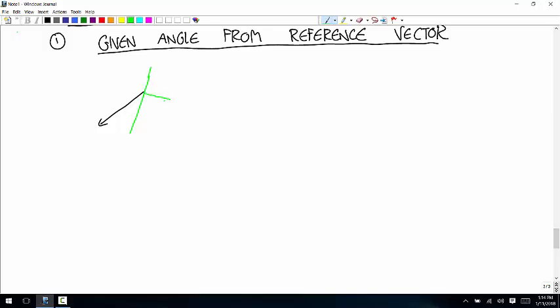So there's your coordinate system, x and y axes. And let's say we know that there's an angle of 20 degrees between the negative y-axis and the vector that we want to represent. So this is the vector we want to represent as a unit vector in that direction.